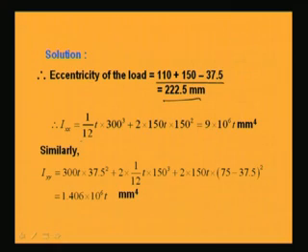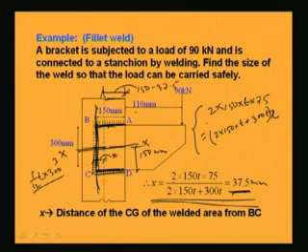So 1 by 12 into T into 300 cube, this is this one, and then for the upper and lower portions, top and bottom portions, we first calculate along this axis at its own, then we can shift it there.